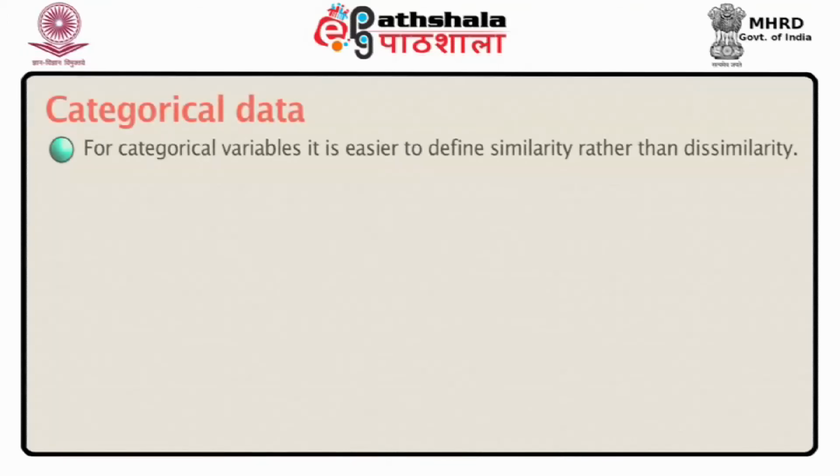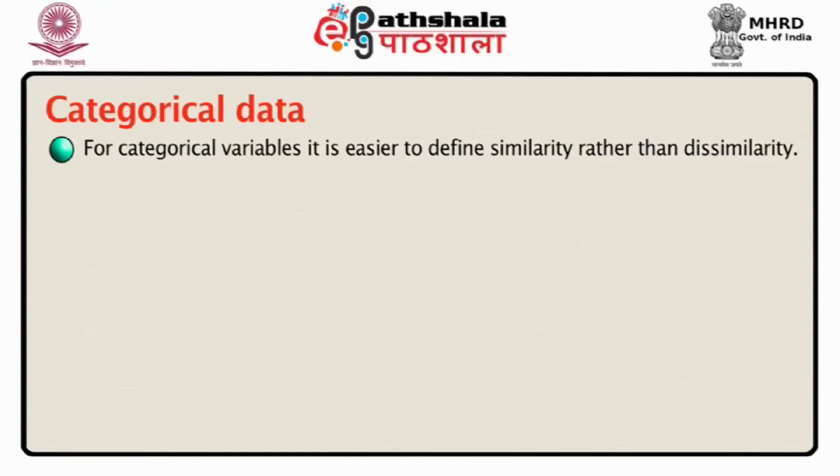However, this is not possible when we are looking at categorical variables because we don't have a numeric value in this case and we just have the frequency in each of these categories. So let us look at the categorical variables and the distance measures defined on them. Let us look at distances for categorical data.